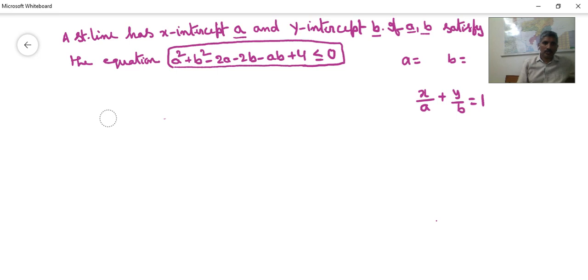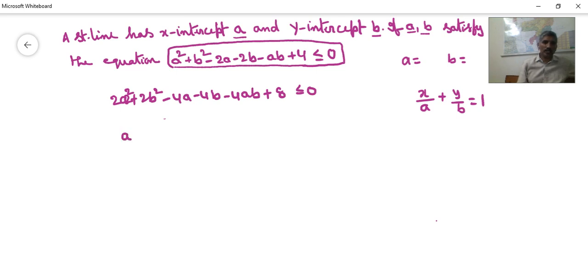Observe here, this can be written as 2 times a square plus 2 times b square minus 4a minus 4b minus 4ab plus 8 less than or equal to 0.